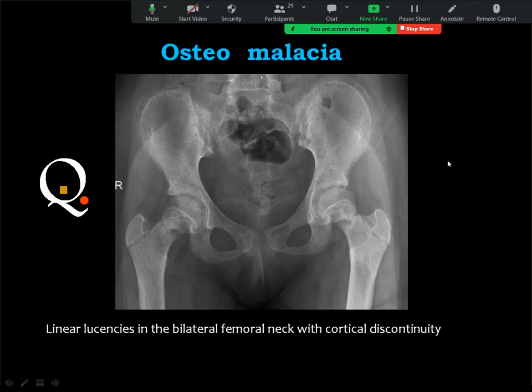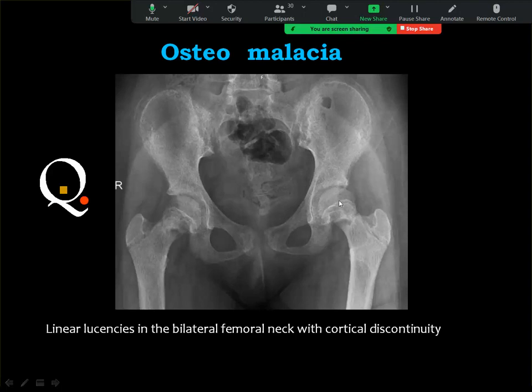And you know that osteomalacia and osteoporosis are metabolic bone diseases, where in osteomalacia there is deficiency of vitamin D, and in osteoporosis there is deficiency of calcium. The manifestations of osteomalacia are predominantly decreased bone density and bone softening.